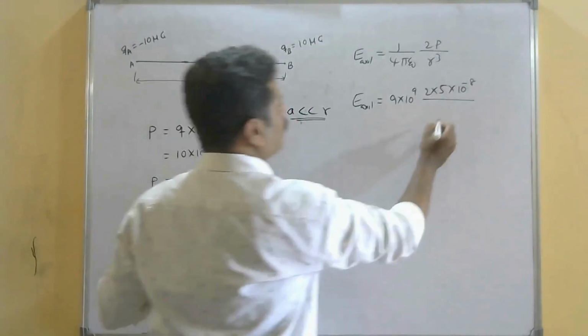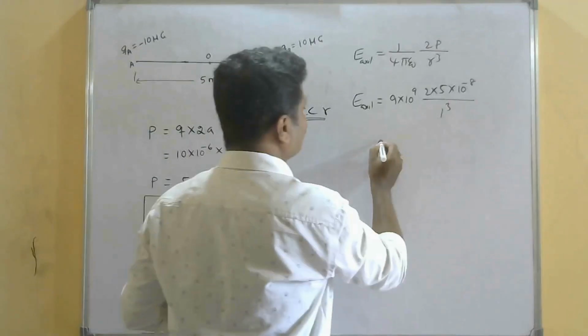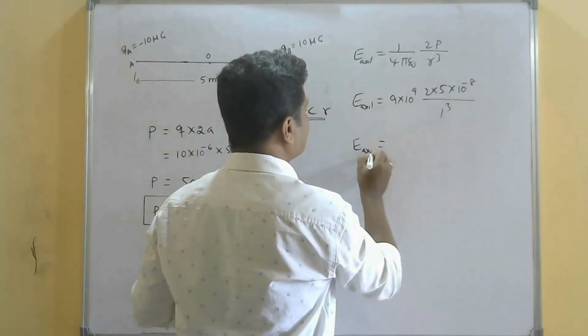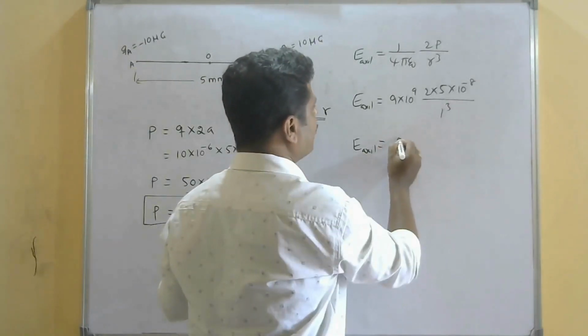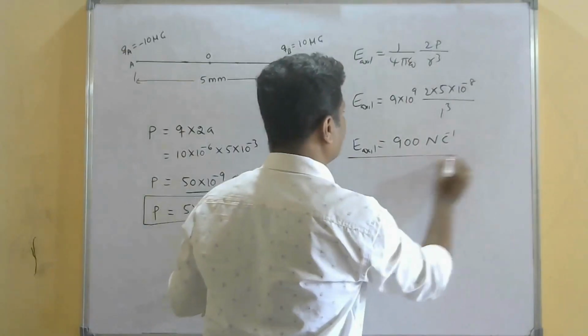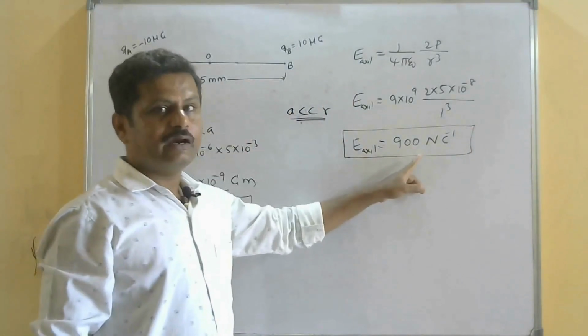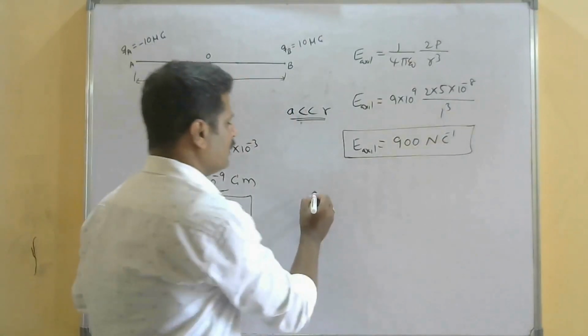R means 1 cube, since this is at a distance of 1 meter. So E axial equals 900 Newton per coulomb on the axial line at a distance of 1 meter from the center of the dipole.